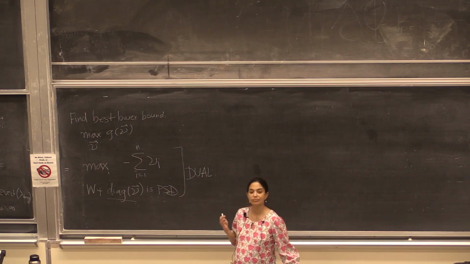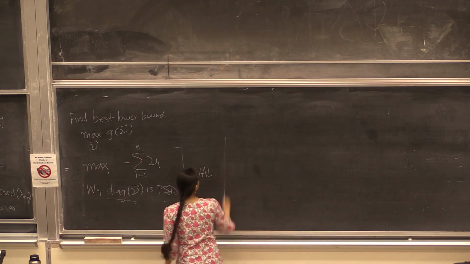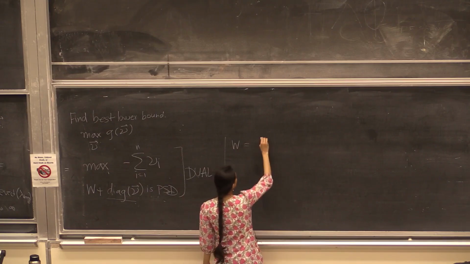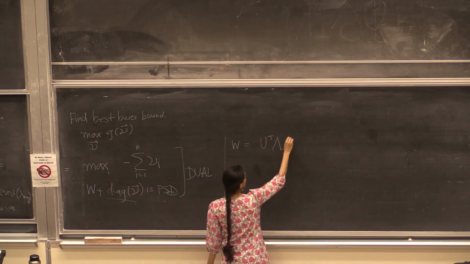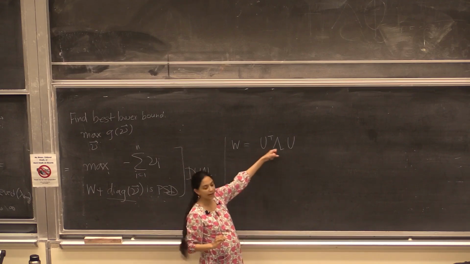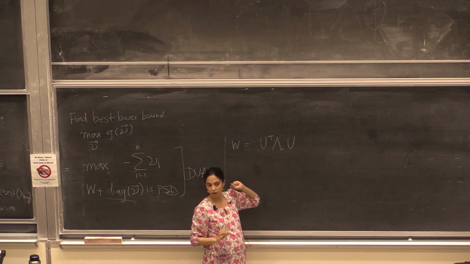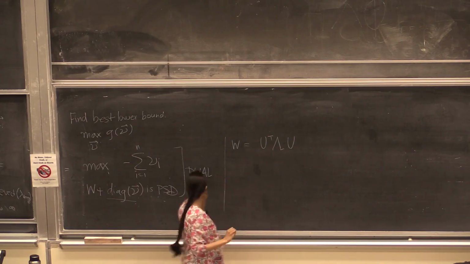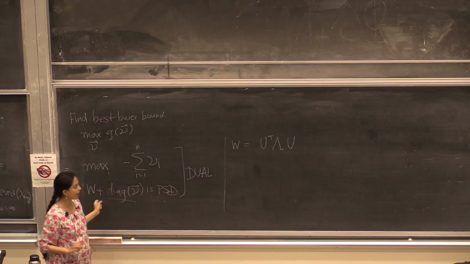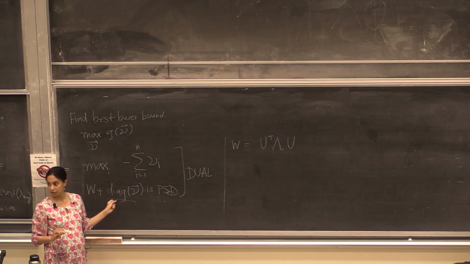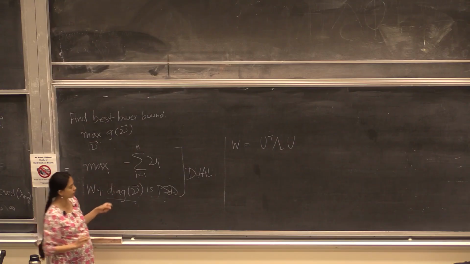So now I have W, and W is symmetric, right? W is basically something like U transpose lambda U, and it has all the eigenvalues along the diagonal of this matrix, okay? So by adding this, I'm basically shifting the eigenvalues, right?